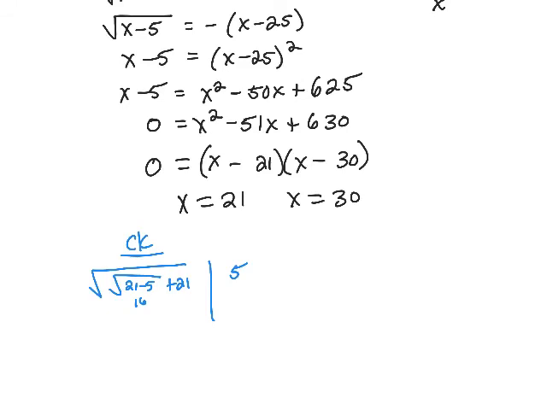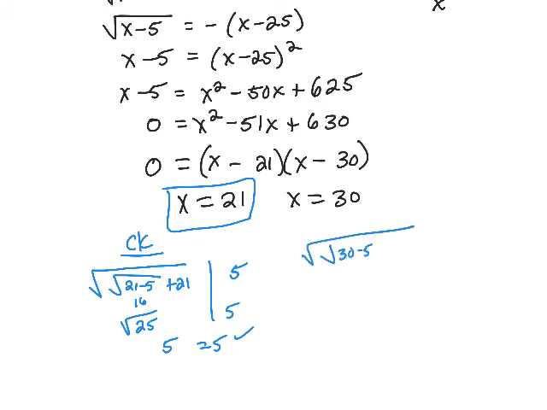Am I doing that right? Yeah. So the square root of 16 is 4. So that's radical 25 when I add 4 to 21, and it does end up being equal to 5. So 21 works. If I checked 30, it's probably not going to work.